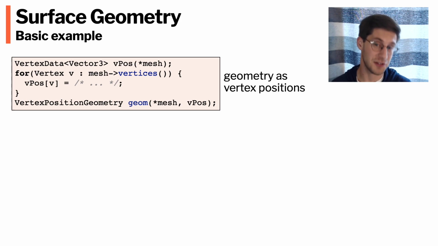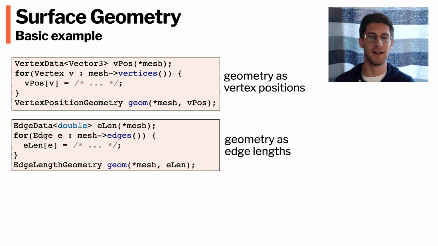So suppose you want to represent geometry via vertex positions. Well, you just need to define the data as a 3-vector per vertex in your mesh. And then you could create a vertex position geometry object, which depends on your mesh and the set of vertex positions. However, a different way to define the geometry of a mesh is via its edge lengths.